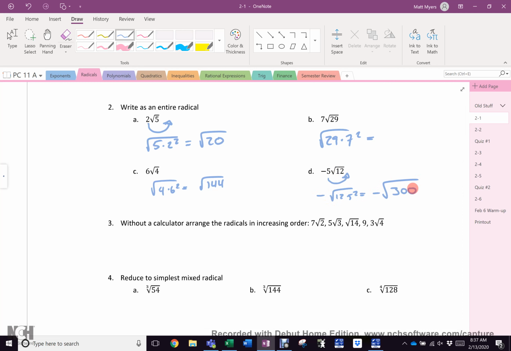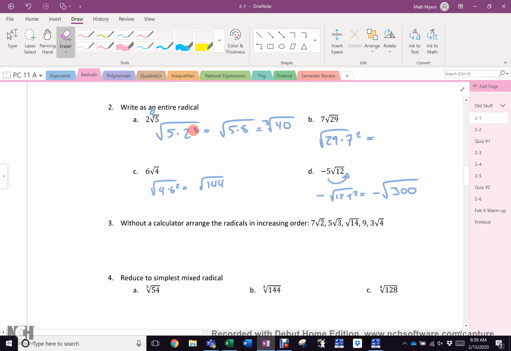What if I told you that this was the cubed root? Then it would be 5 times what? 2 cubed, which would be 5 times 8, which would be the cube root of 40. Everybody understand? What if I told you I wanted the 4th root of 5?